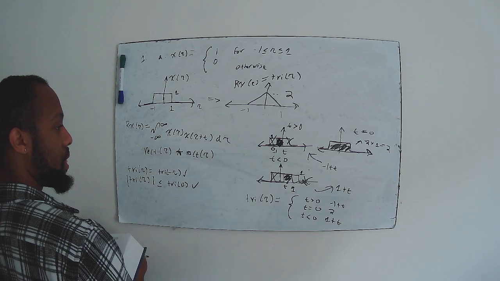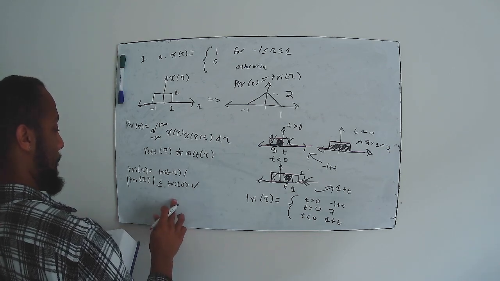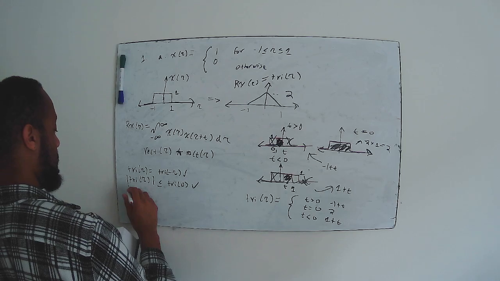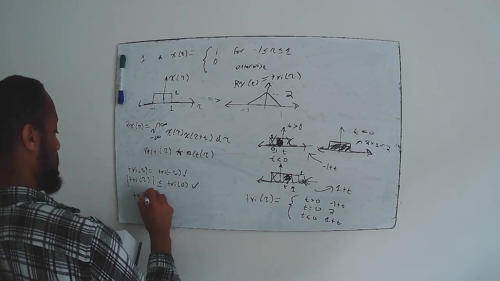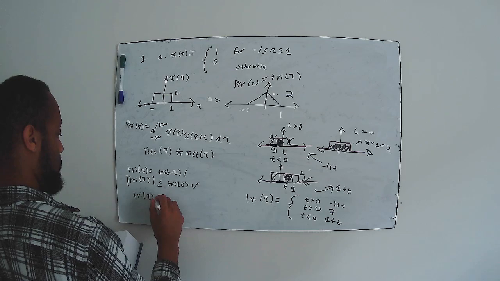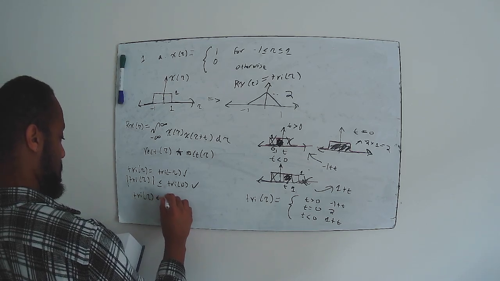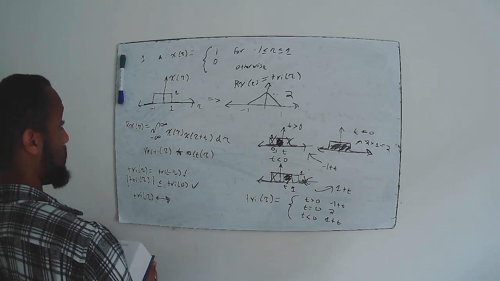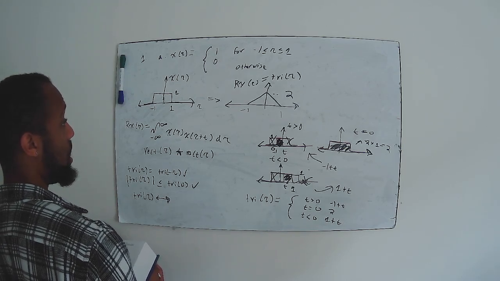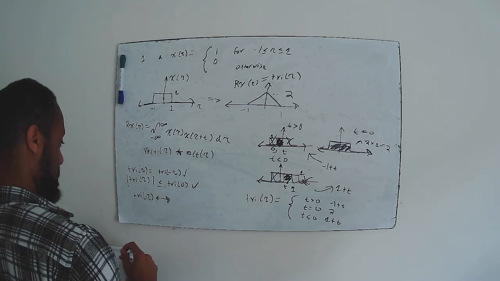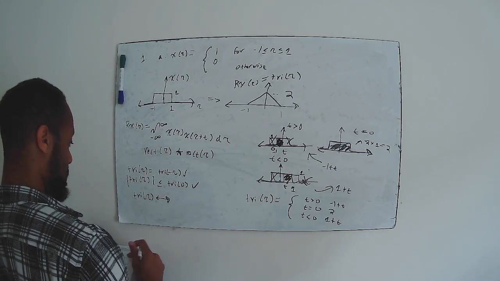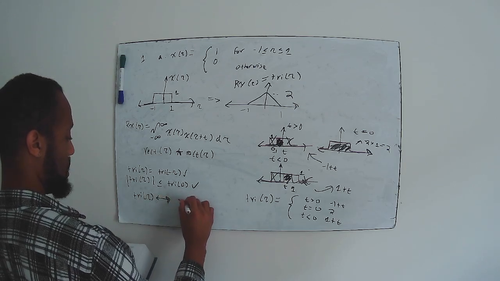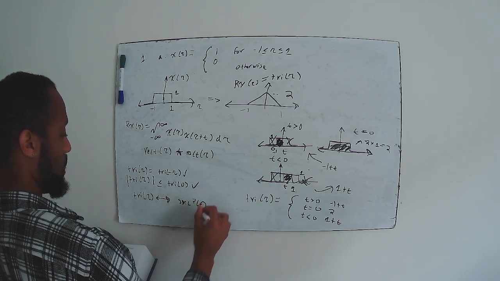And what else? Then we have that tri of tau has the form of a Fourier transform pair with the energy spectral density of the original function, but it also has to be non-negative. So we just take the transform now, which is sinc squared of f.